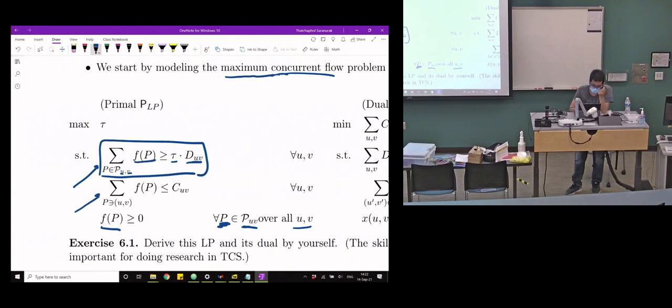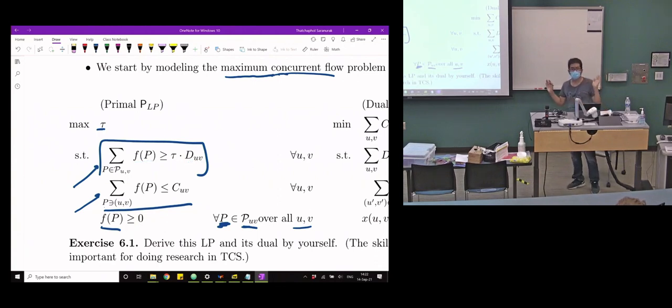And at the same time, you respect the capacity. The sum over all the paths that contain an edge uv is at most the capacity, and you just want to maximize tau. So this is, you can see, exactly a concurrent flow problem.